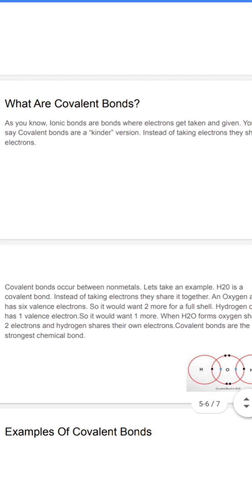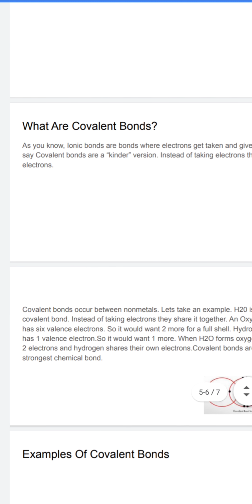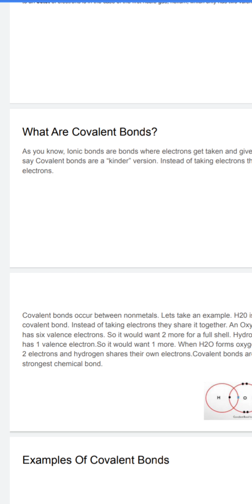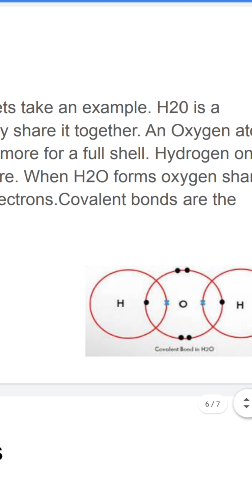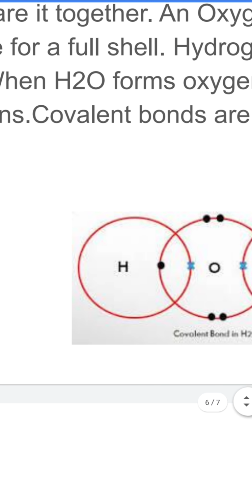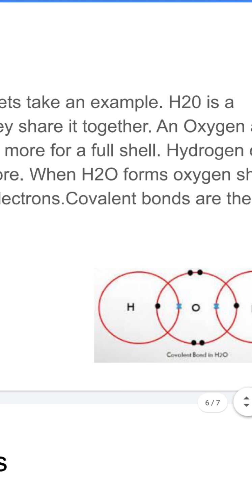When H2O forms, oxygen and hydrogen share electrons: they share 2 electrons, and hydrogen shares its own electron. As you can see, this is the only electron of hydrogen, and it's sharing it. And then usually the electrons of the oxygen would also come around and hang around, basically.